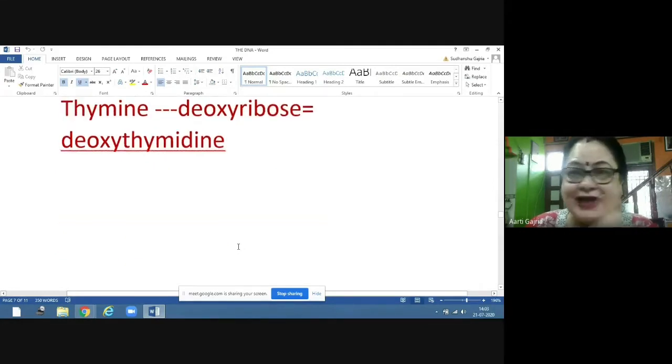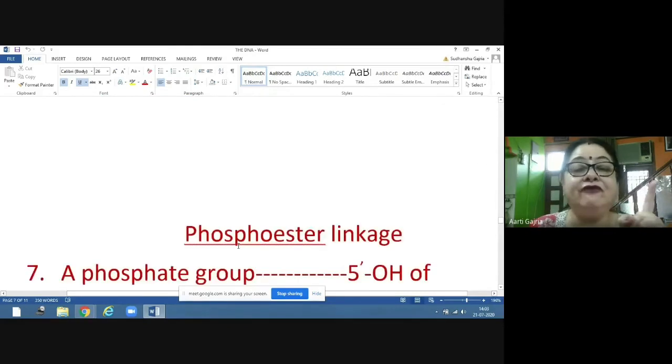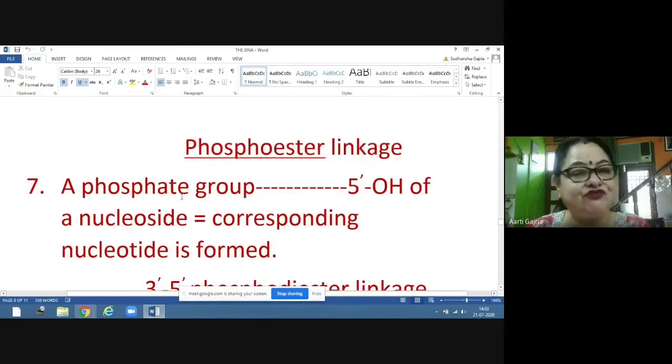Now what is left? Phosphate. When this nucleoside joins with a phosphate group, that is called a nucleotide. The phosphate group joins at the 5 prime, which means the 5th carbon atom on the pentose sugar.